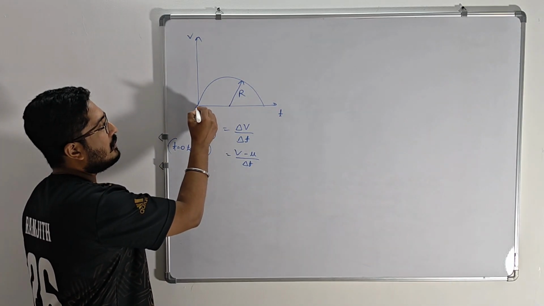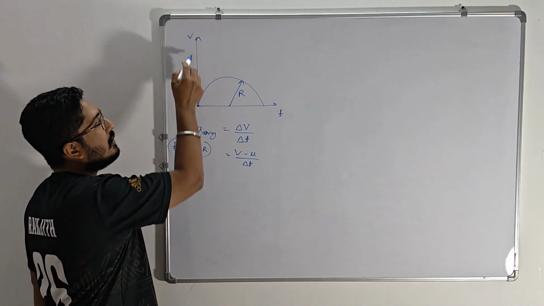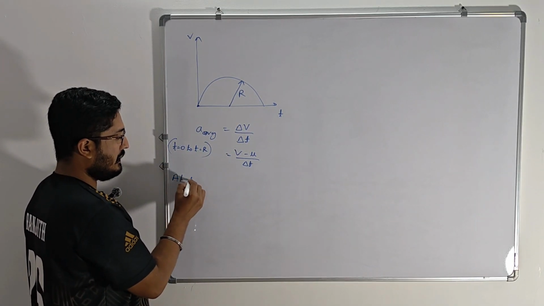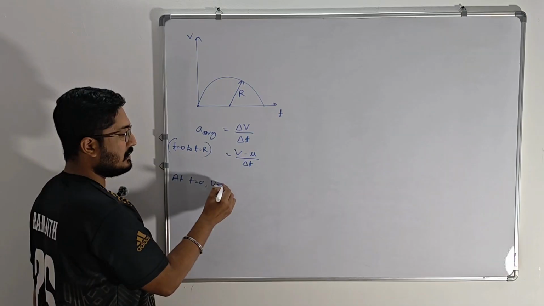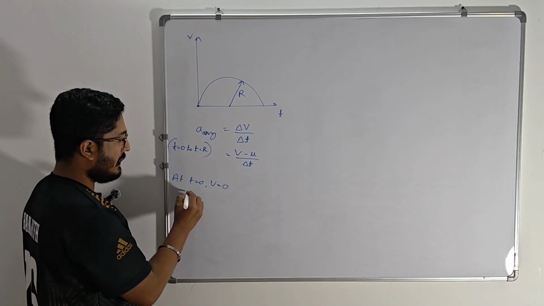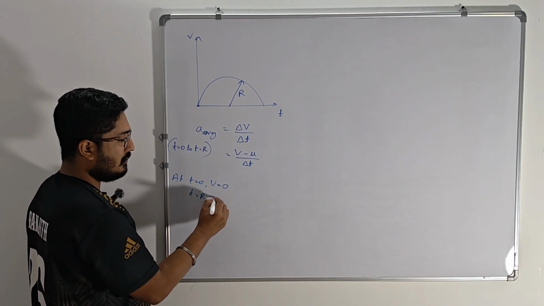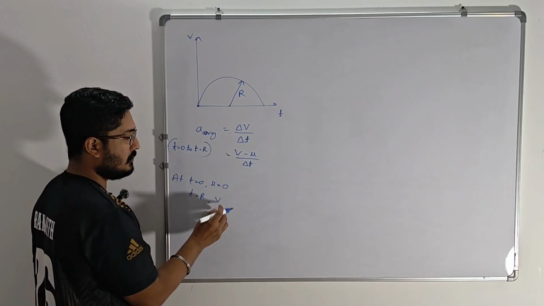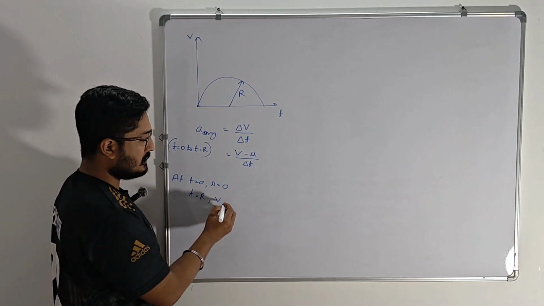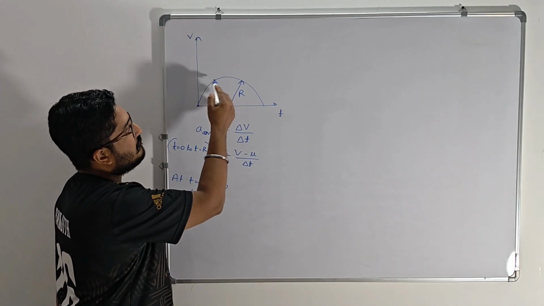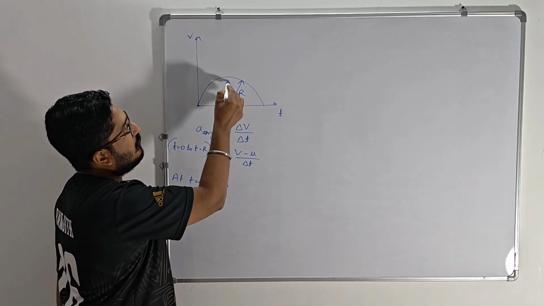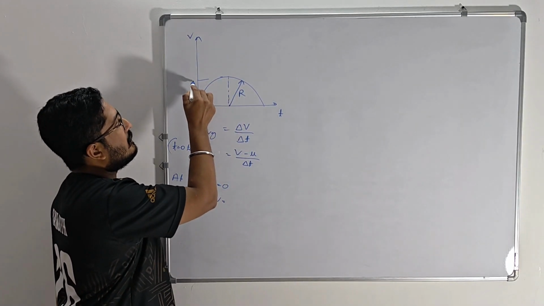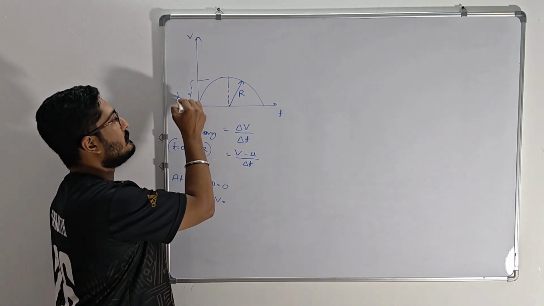So t equal to 0 is at this location. What is the velocity as per the graph? 0, right? At t equal to 0, v is equal to 0. That is the initial velocity, u. And at t equal to r, what's the velocity? Look at the graph. At t equal to r, the height itself is the velocity, and that height is basically r only.